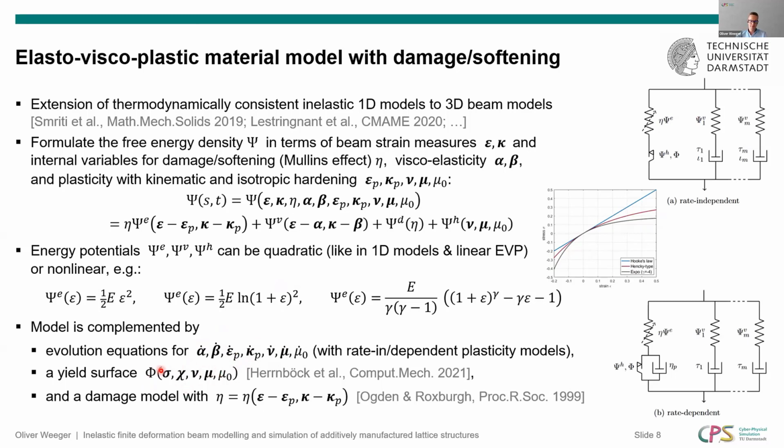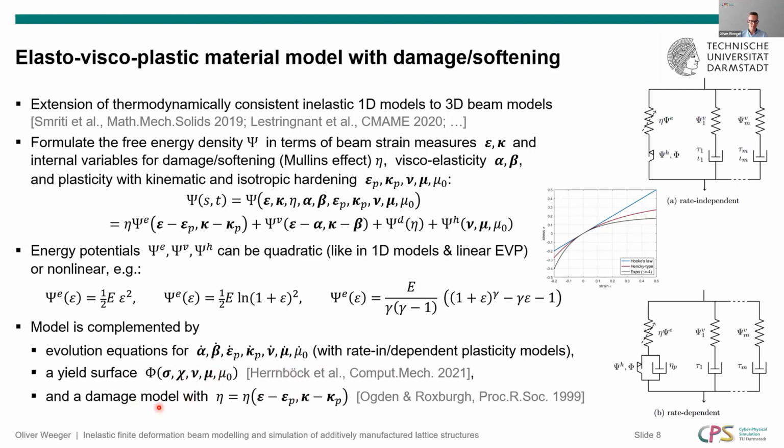And in the context of beam theory, it's not so clear how such a yield surface can be directly expressed in terms of the stress measures and the hardening variables that we define. So there have been some very nice recent works also by the group of Paul Steinmann in Erlangen, by Herrnberg, who discuss how this can be done in a meaningful way.